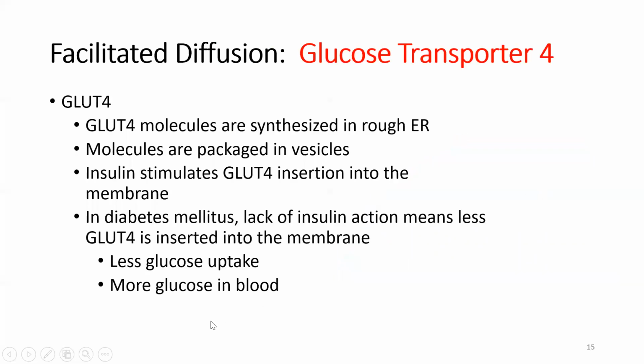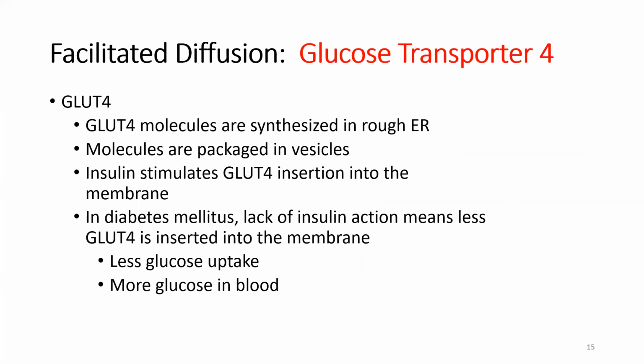Okay. So let's look at an example here of facilitated diffusion. This is looking at the GLUT transporter 4, sometimes called the GLUT4 transporter. It is a protein embedded in the membrane. It is made on rough endoplasmic reticula, which are basically the ribosomes that stud the ER. This is where we make proteins that are made for export out of the cell.